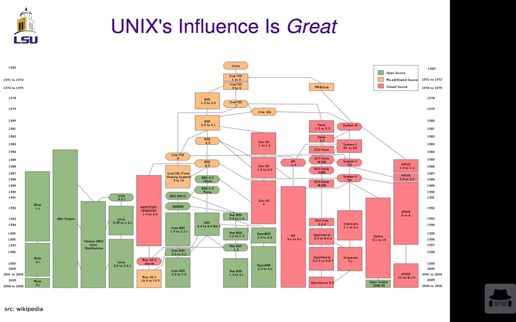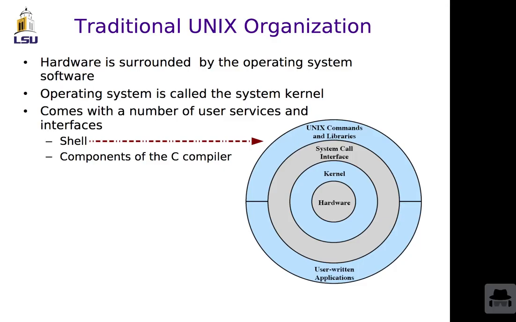BSD was greatly impacted by, I think it was AT&T, trying to sue the bejesus out of them. And then Linux kind of went through its own lawsuit-happy attack from SCO in the early 2000s. So anyway, there's lots of intellectual property that people used to like to protect with Unix, and now we've kind of settled upon the free Unixes, and then there's still some paid Unixes, but usually people just go for Linux or one of the BSDs.